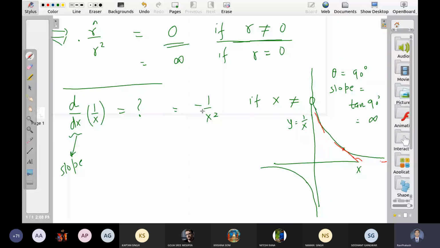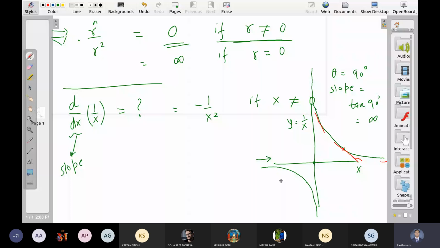And why do we have this problem? In this case, the problem is due to discontinuity of the curve. If you approach this point from the left hand side, you can see the curve is going towards minus infinity.